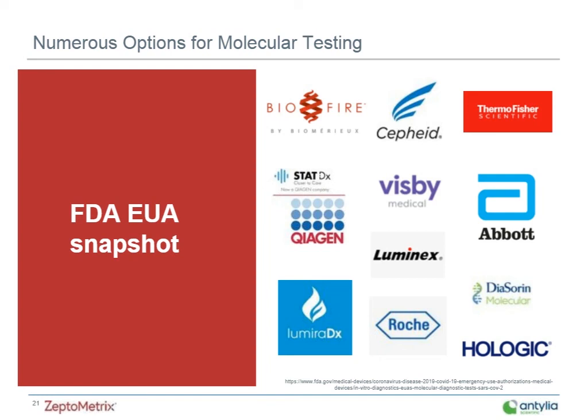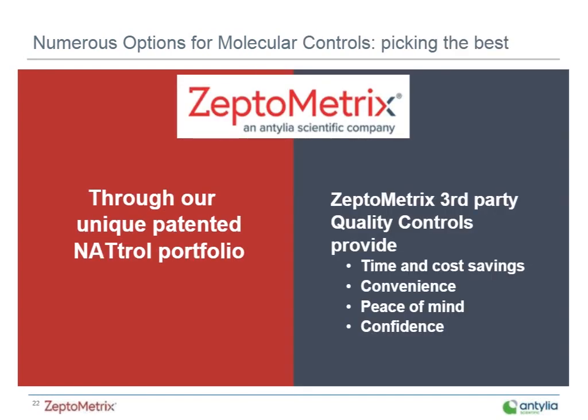So for the last little bit of this presentation, I'm going to talk to you about how Zeptometrics natural quality controls really, I think, provide a total solution for your laboratory's quality control needs. I think through our unique patented natural portfolio, you'll find that Zeptometrics really checks all the boxes we talked about a few slides back in regards to what makes a good quality control in terms of full process, safety, ease of use, traceability, shelf life, etc.